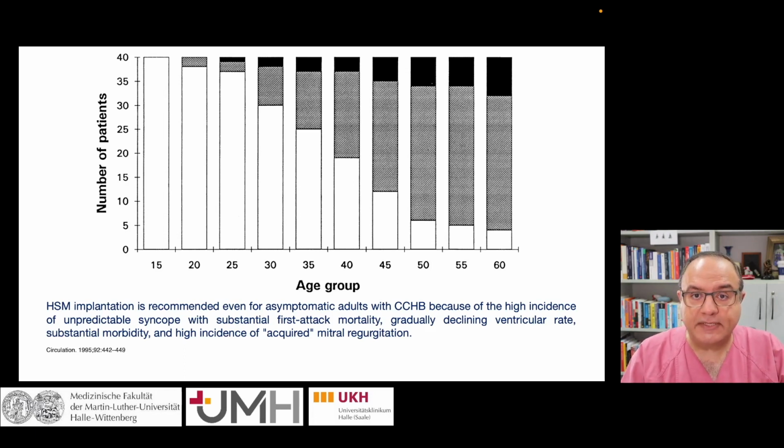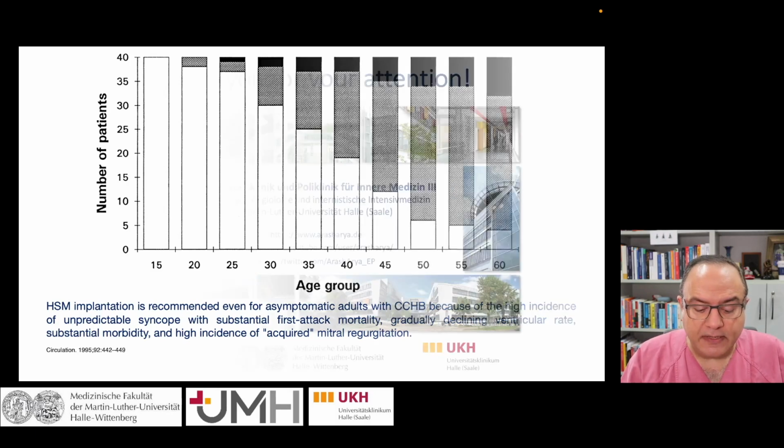And that's the reason that even in asymptomatic patients, pacemaker implantation is a class 2A recommendation, considering that today we can use conduction system pacing instead of a classic two-chamber pacemaker with RV lead on the RV septum, so we can improve the prognosis in these patients.